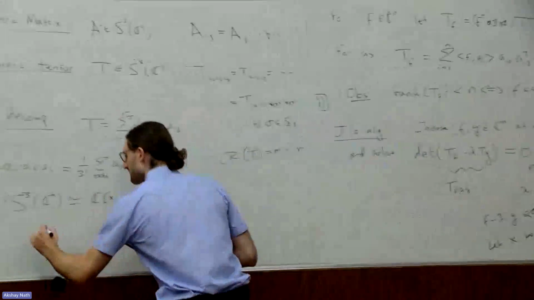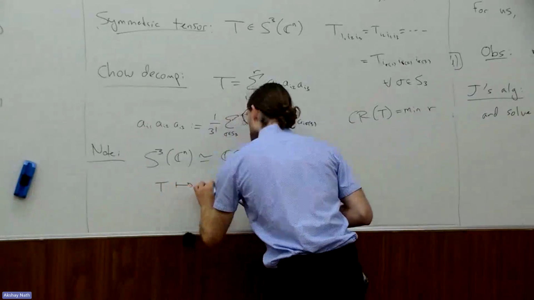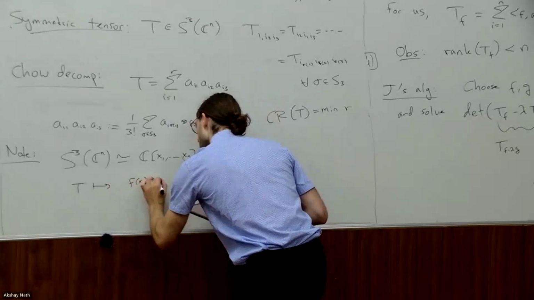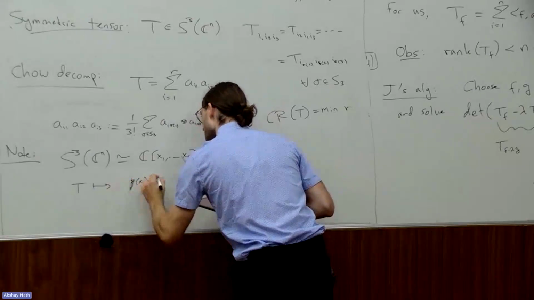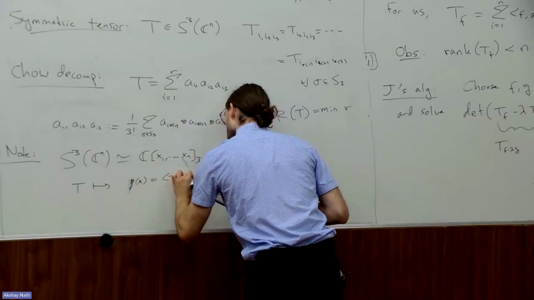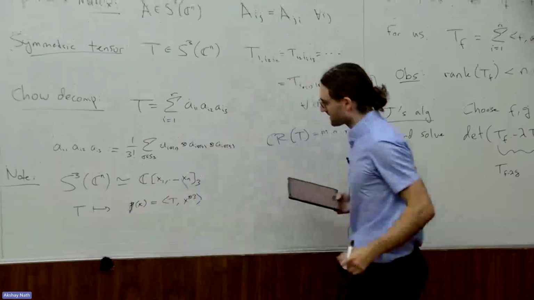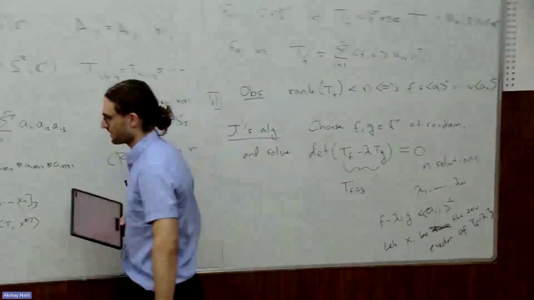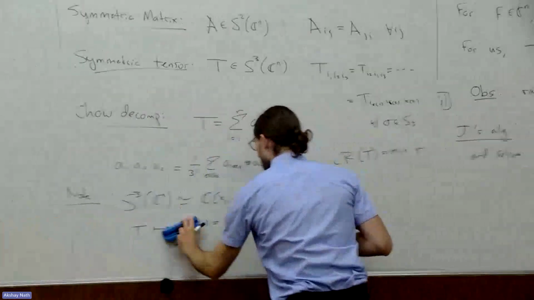The isomorphism sends a symmetric tensor T to the polynomial p of x given by the inner product of T with x tensor 3. So this is a degree 3 polynomial, and this is actually an isomorphism.